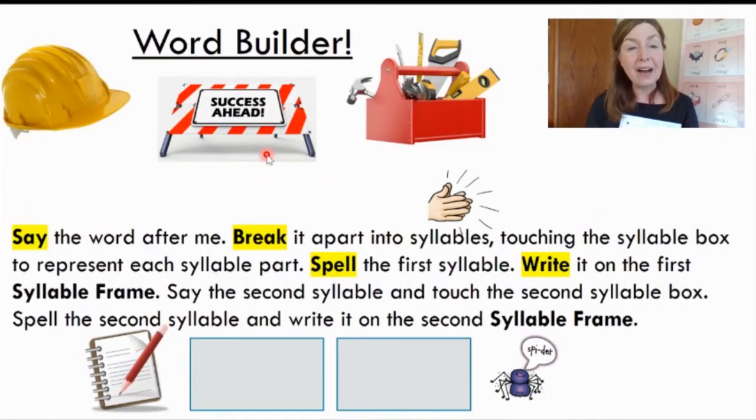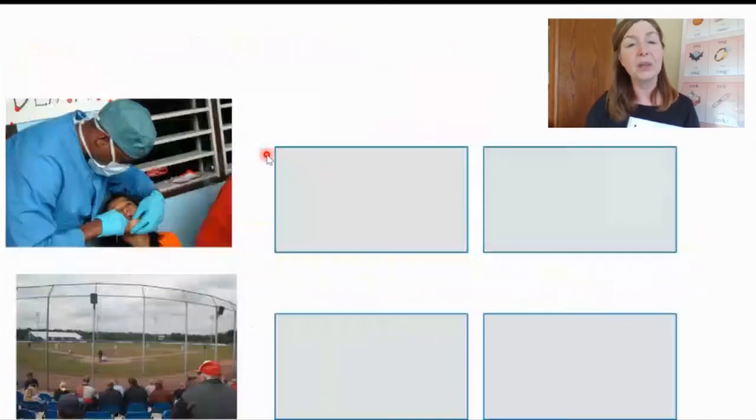Now we'll do a little word building. So you'll say a word after me. We'll break it into its parts or syllables. We'll touch the frame, and then we'll say and we'll spell and write one part at a time to make some longer words. The first one shows a dentist. Say the word dentist. Break it apart and touch your frame. Dentist, dentist. So first we'll tap out the first part of dentist, den.